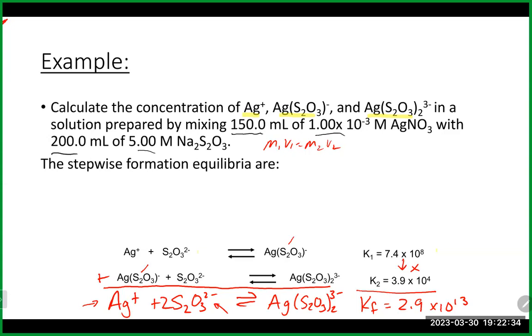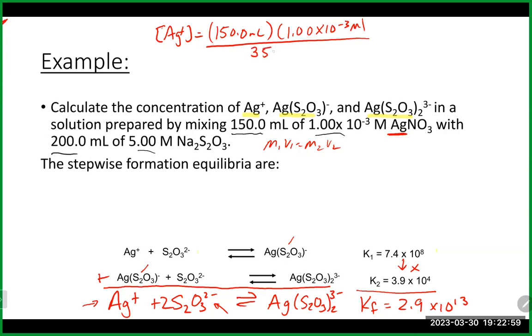So here, the source of silver in this case is going to be our silver nitrate. And that means that the concentration of silver would be, and you don't need to convert it to liters in this case because we're going to divide by milliliters, 150 milliliters times the molarity, 1.00 times 10 to the minus 3, divided again by the total volume of both of those mixed together, which is 350 milliliters.